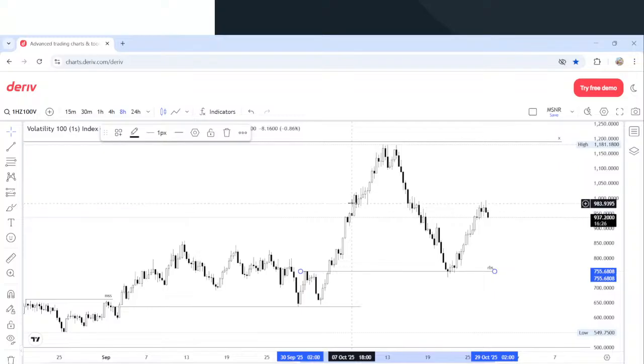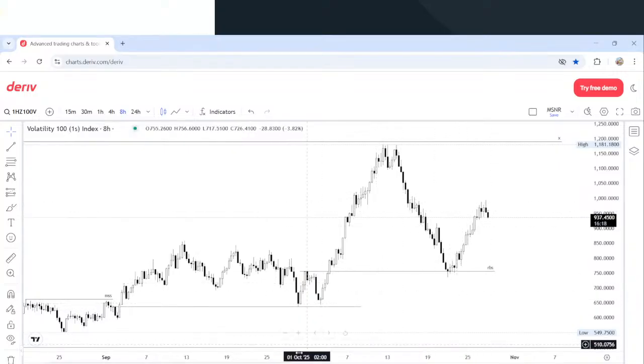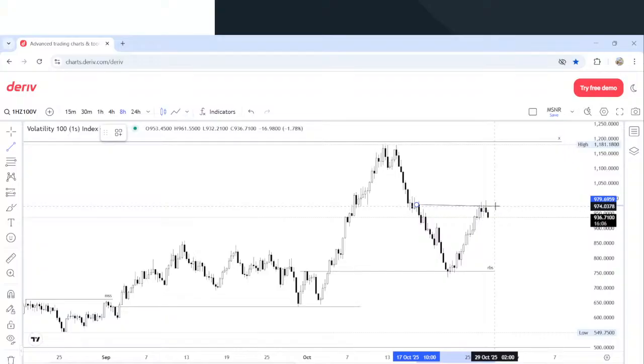From here to here, the market was reacting, which means it's a kind of strong structure. So let's mark it like this. It's an obstacle, kind of. The market has already reacted in this area.